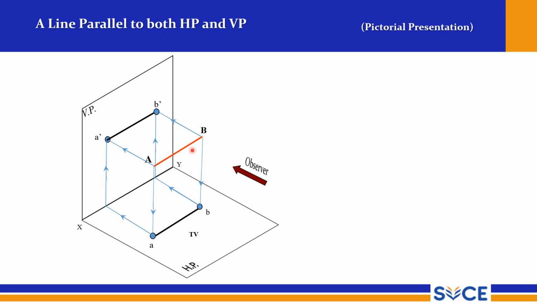So this is B dash and this is A dash. We have front view and we have top view. So this is the planar representation. To transfer this onto our drawing sheet, this is the scheme. XY reference line, and we have VP above the XY reference line, HP below the XY reference line, and this is the top view, drawn at the in front of VP distance from the vertical plane.